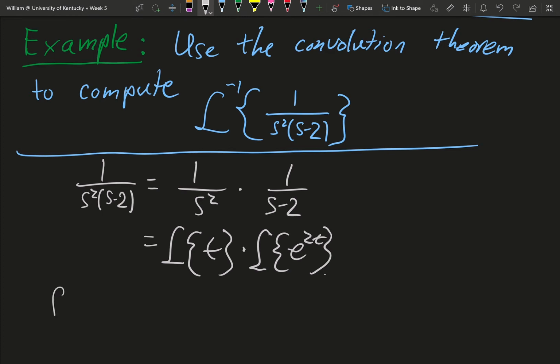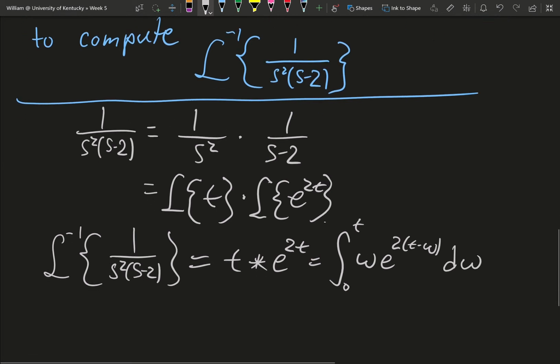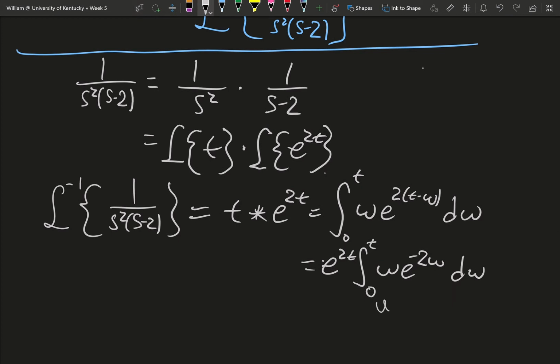So what we get then is that this is equal to the convolution of t and e to the 2t. So we see this, and now we're going to have to do an integration by parts.